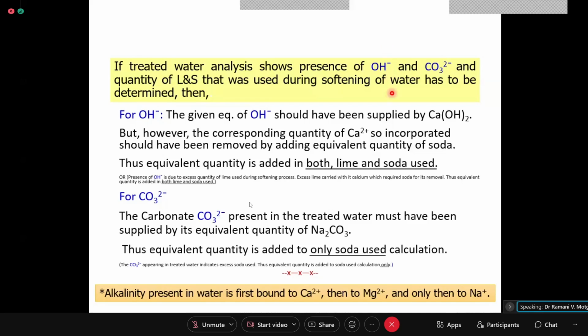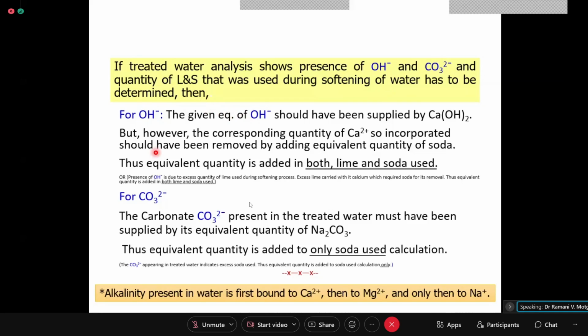Because the hydroxide and carbonate in the treated water are from the excess of lime and soda added, right? So how much quantity of lime and soda was used during the softening of water has to be calculated.